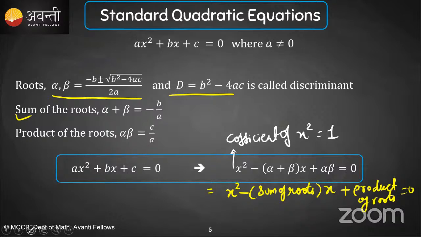So this is also a very important property. Any quadratic equation can be written as x square minus sum of root into x plus product of root. Is this clear? Do you have any doubts? Okay, so let's proceed further.